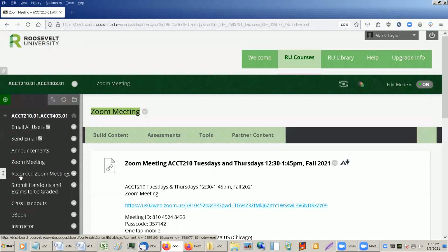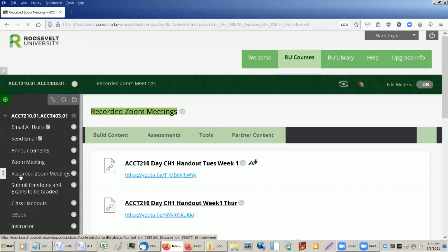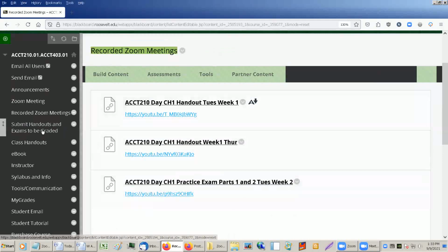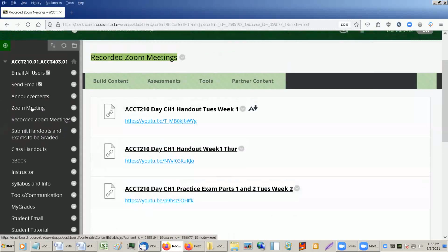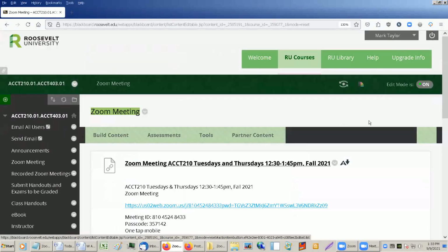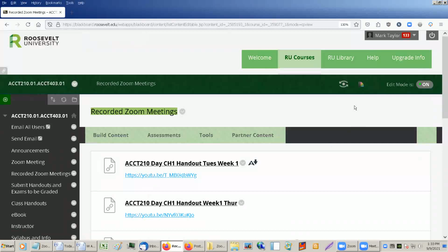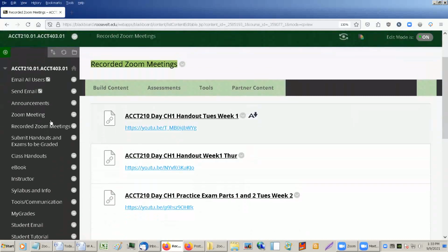And then they have recorded Zoom meetings right underneath it. So these are all the recorded Zoom meetings. If you go into Zoom meetings and can't remember, you go down here and it'll say recorded Zoom meetings. If you click on that, it goes right to that one too. So either way, if you click on Zoom or recorded Zoom meetings, you can get to these. Okay, thank you.